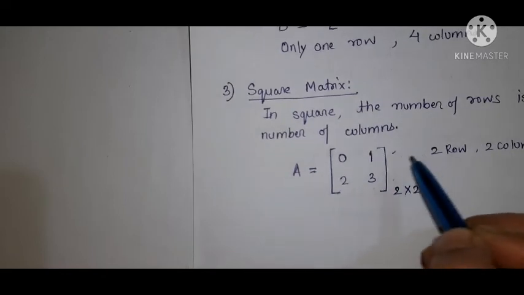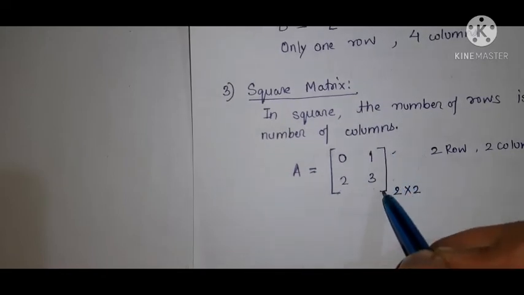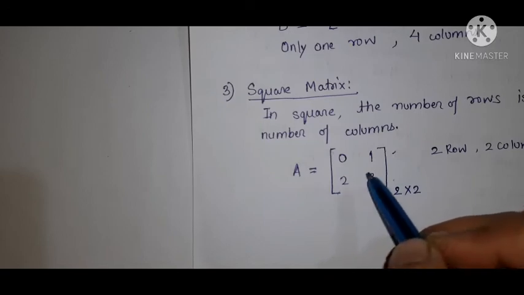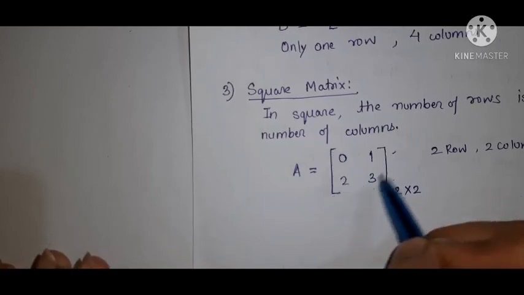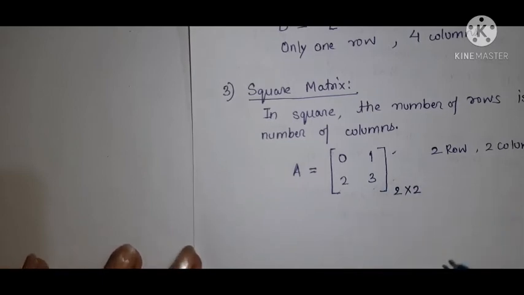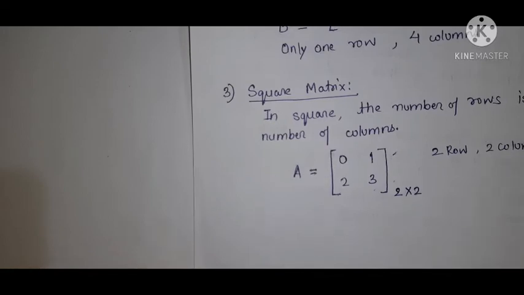Always we write matrix in square brackets. If you just write the entries and you forget to write the square brackets, then it is not a matrix. Everything will be wrong. Keep it in mind.